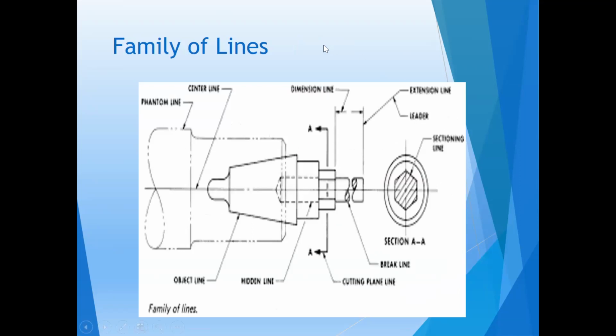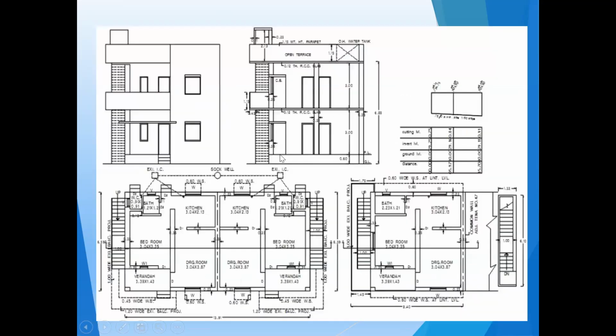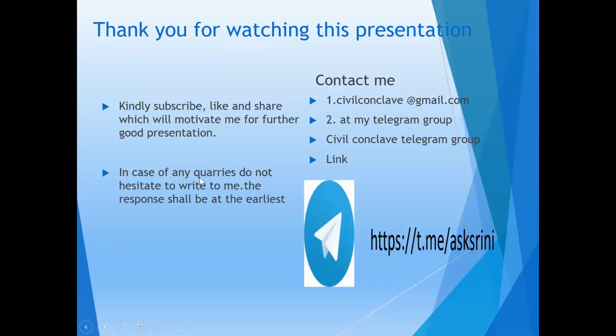Here, all the lines are put together in one picture, which we call a family of lines. You can see the cutting line, phantom line, center line, and all these things marked here. See, this is a building, and how many lines, how they are being used, and where they are being used is all shown in the drawing.